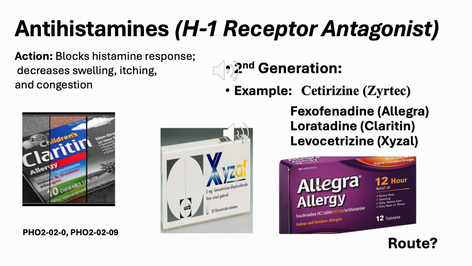That was missing here on the slides, but it is on your drug classification sheets. Fexofenadine, known as Allegra, loratadine, known as Claritin, and levocetirizine, known as Xyzal. These drugs can cause drowsiness, however, they're less likely compared to the first generation. They can cause hypertension as well as increased intraocular pressure.